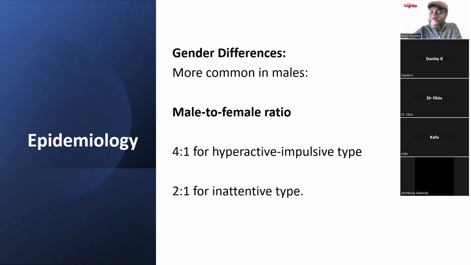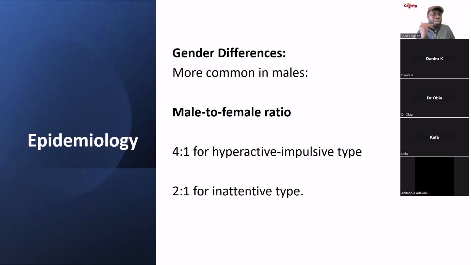Now, I think one of the doctors read a question on the impulsive type and the inattentive type. Remember, what are some of the impulsive behaviors patients with ADHD show? Can someone let me know? We talked about some of them, but by way of revision, can you help me?